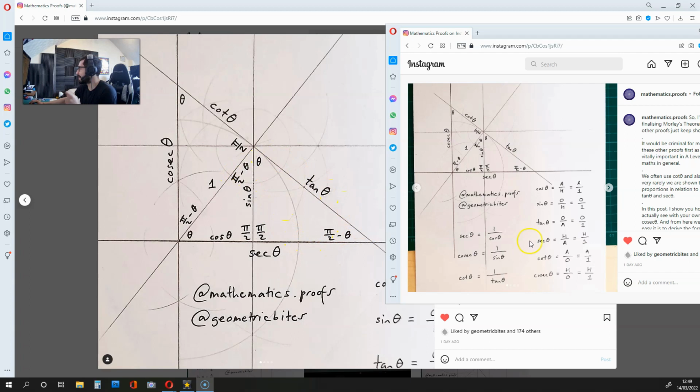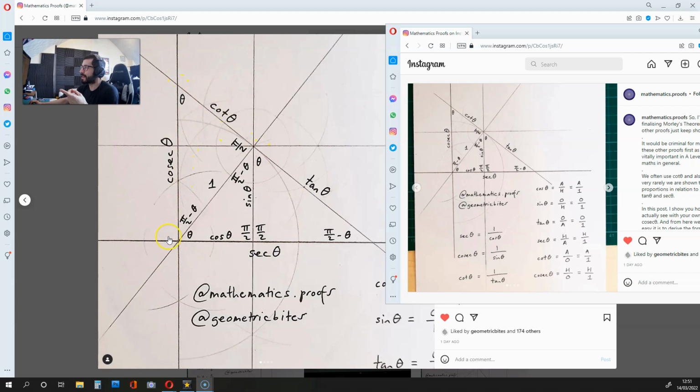Now, tan theta is opposite over adjacent. Since the adjacent side is equal to 1, tan theta is simply going to be the opposite side. Because we have this right-angled triangle, we can say that 1² plus tan²θ is equal to sec²θ. This is because of Pythagoras' theorem.